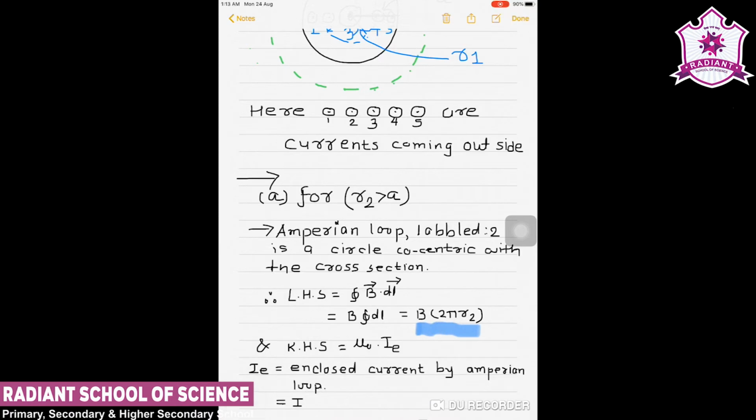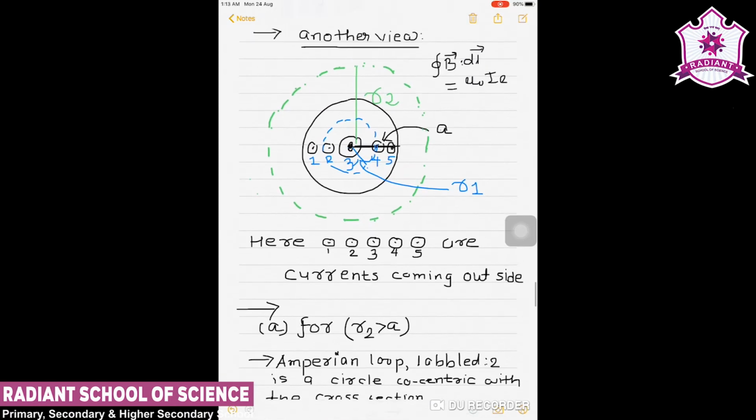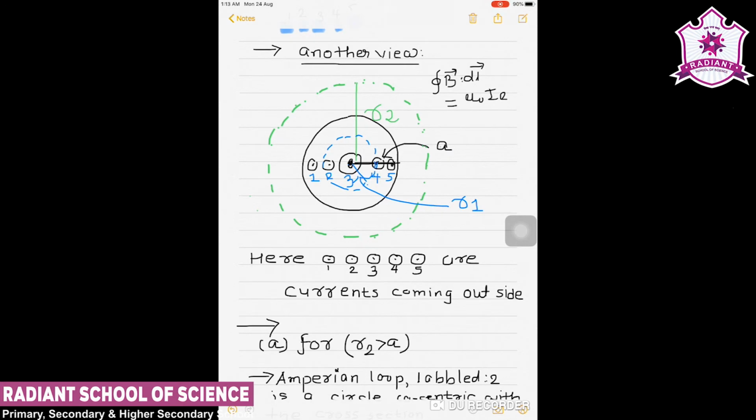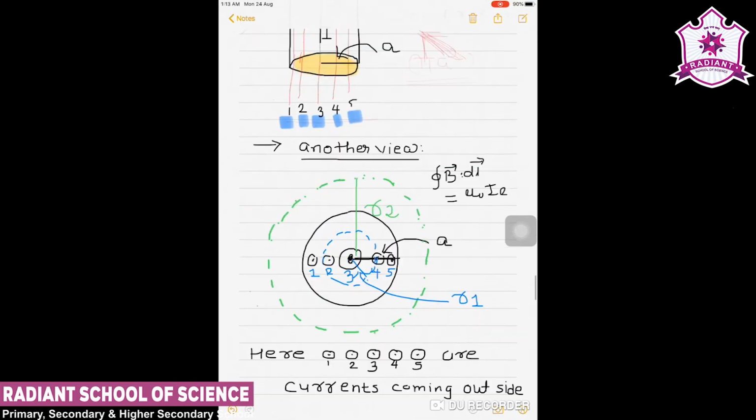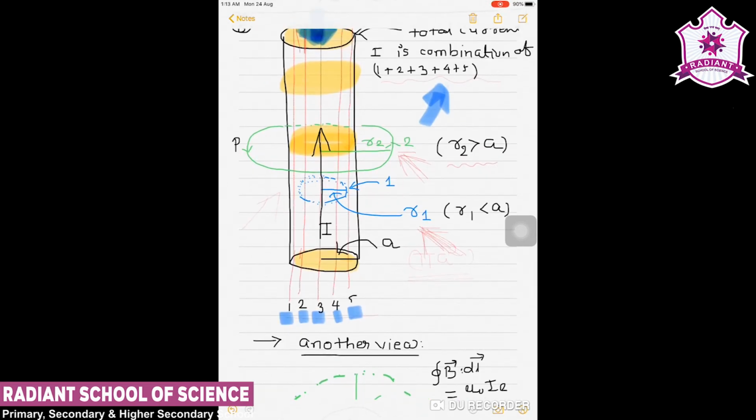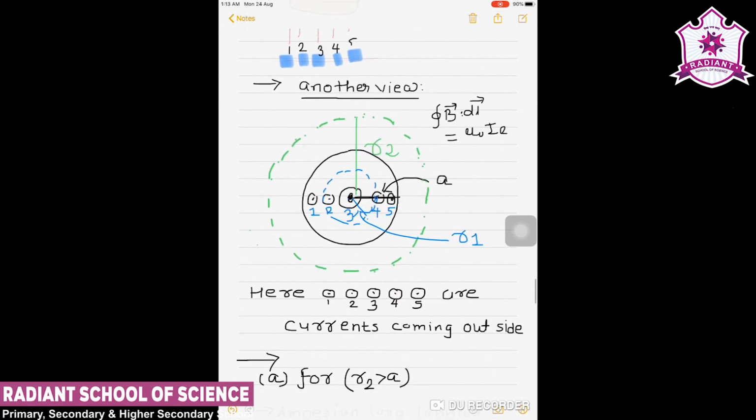Now for the right hand side, it is mu 0 times I enclosed, the enclosed current by the Amperian loop. Here it is obvious that the total current I is a combination of 1, 2, 3, 4, 5, and all these currents are covered by this green loop.